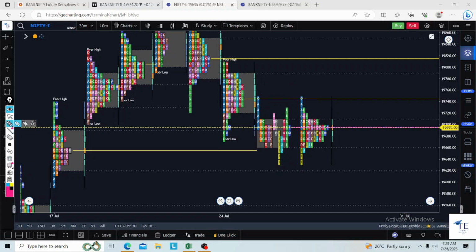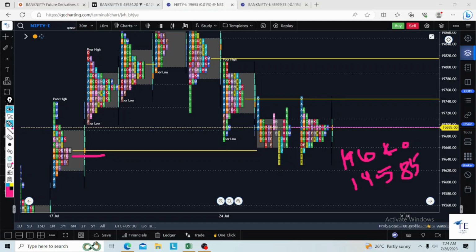Demand zone for Nifty, nearby in this particular territory: 640, this value area low. You can take this POC. 19,640 is today's first demand zone. Second demand zone is 19,585, exactly on this A period low.